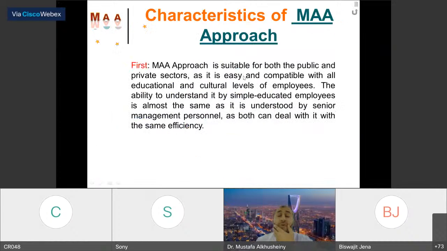So the characteristics of my approach: it is suitable for both the public and the private sectors, as it is easy and compatible with all educational and cultural levels of employees.